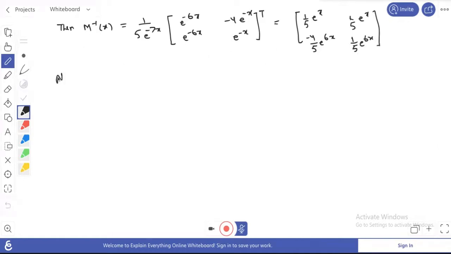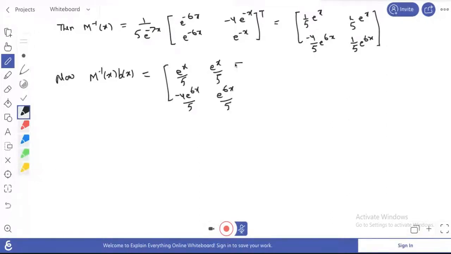So now you have to find M inverse times Bx. So this equals e to the power x over 5, e to the power x over 5, here minus 4 e to the power 6x over 5, e to the power 6x over 5, multiplied by B, and B is 6 e to the power 2x, and minus e to the power 2x.